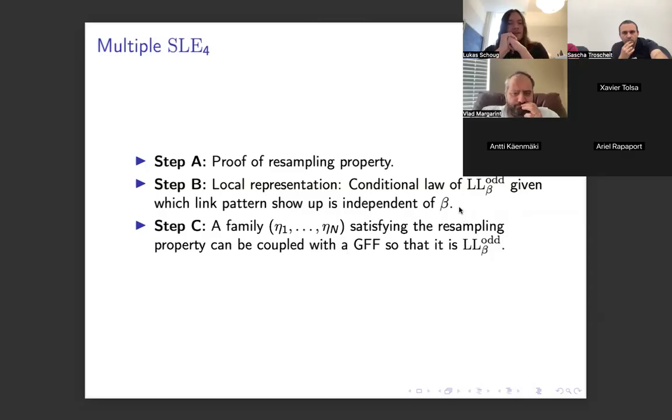And then we show that any family that satisfies the resampling property can be coupled with a GFF, so that it is this collection of level lines. So together, these steps B and C produce the uniqueness. And step A proves that it actually is a global multiple SLE. And that's what I wanted to cover. Thanks.